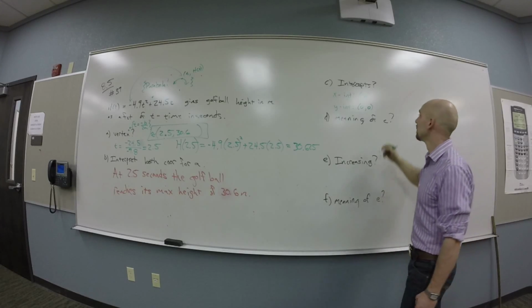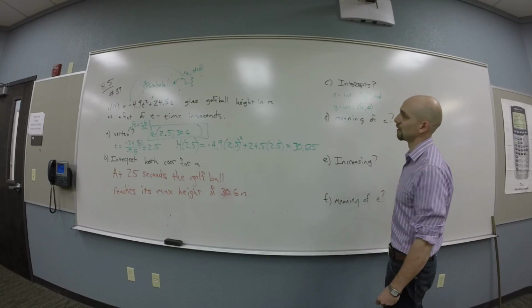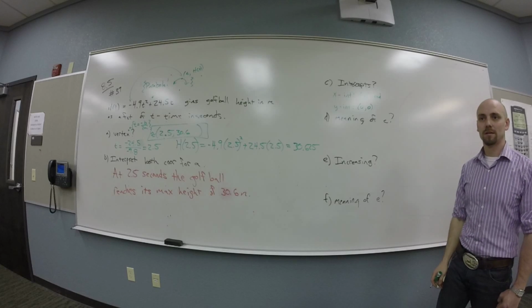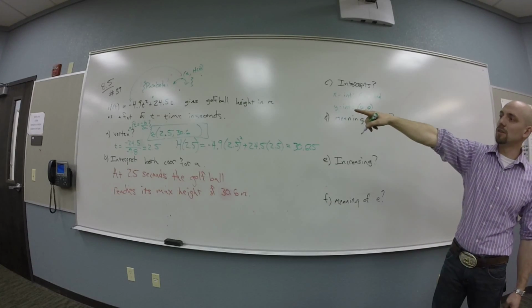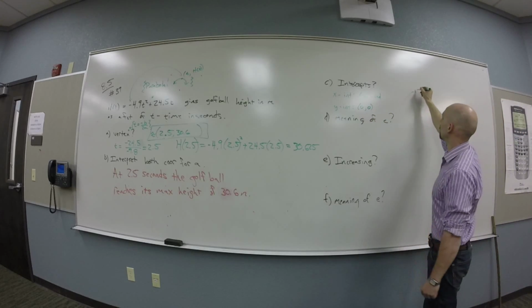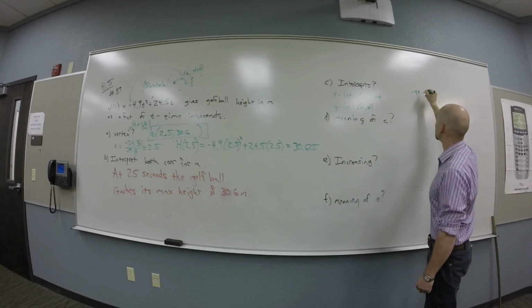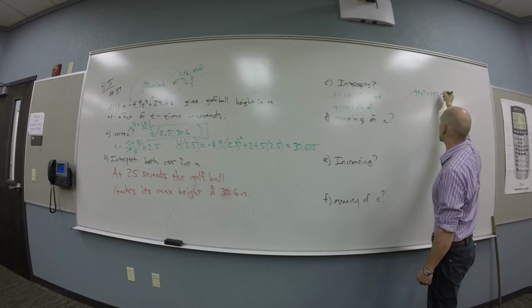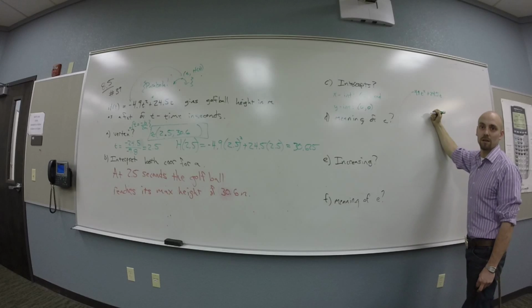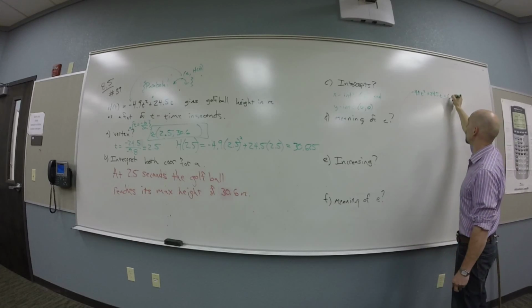So what are you doing? You should be taking your h of t, your minus 4.9 t squared plus 24.5 t, setting this equal to 0 and solving.